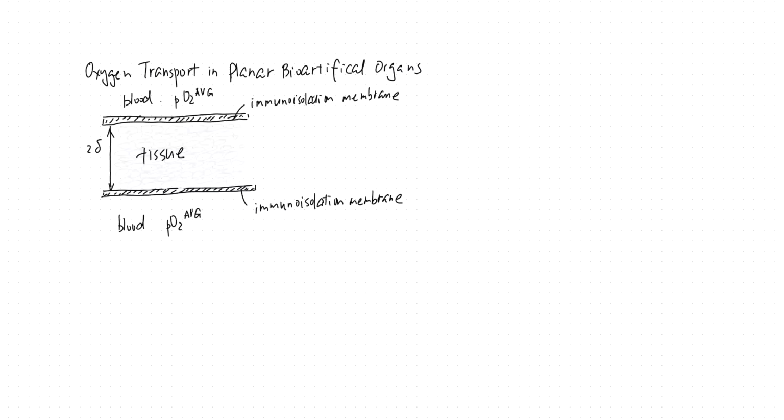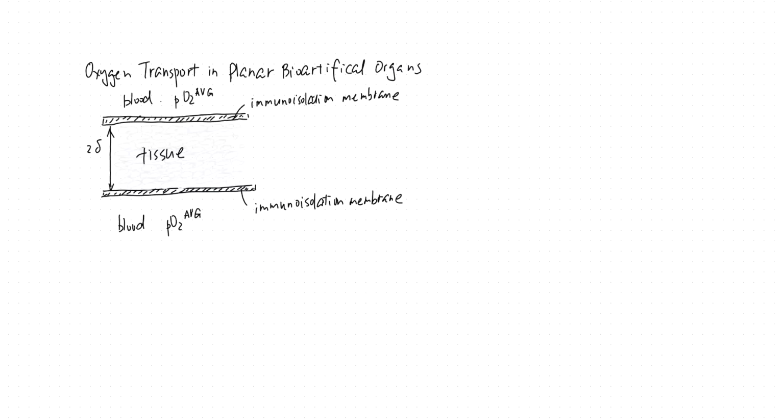But suppose there is a challenge of doing this, and there is a piece of tissue like I draw here. It's planar, meaning you can think of it as flat, with area S and a thickness of two delta.